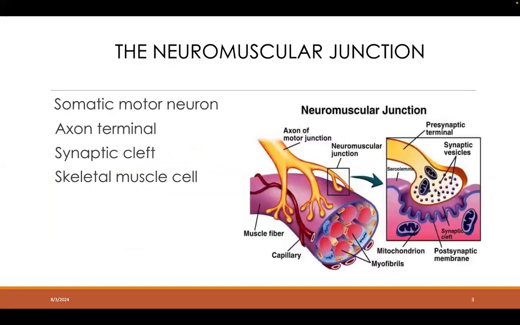As I said, once the second step is over, the synaptic vesicles that are right here have ACH filled in them because of the influx of calcium that we just saw. Once this happens, the ACH is released into the synaptic cleft and reaches the sarcolemma.